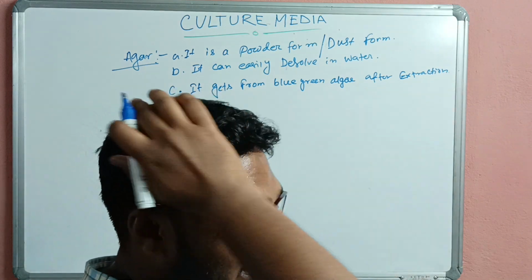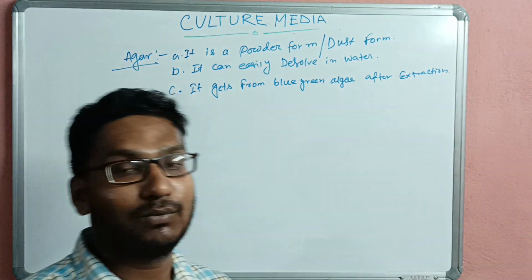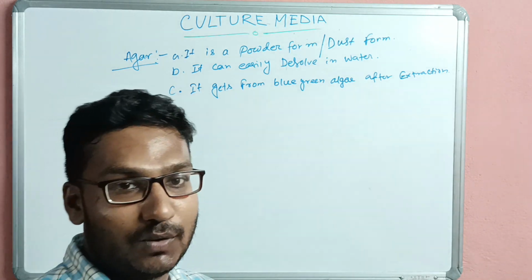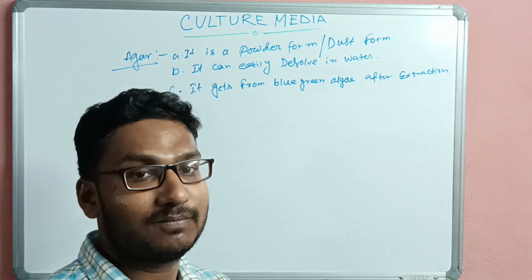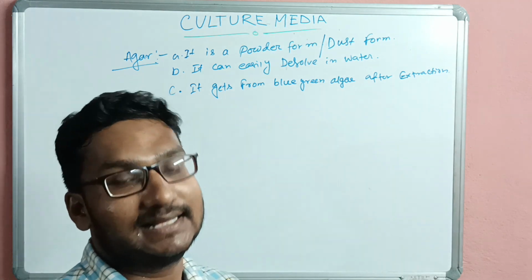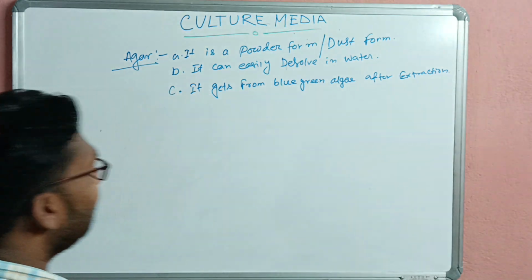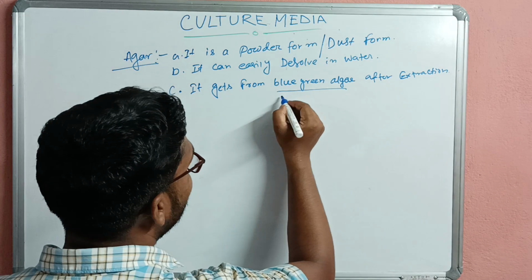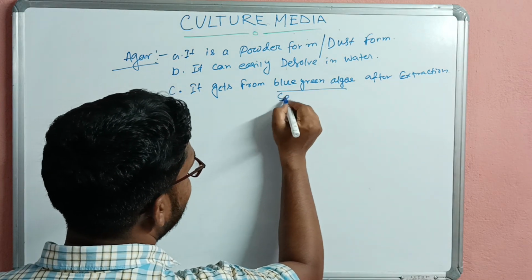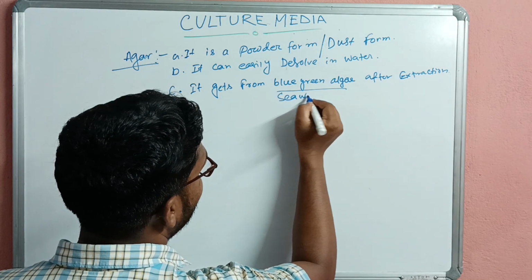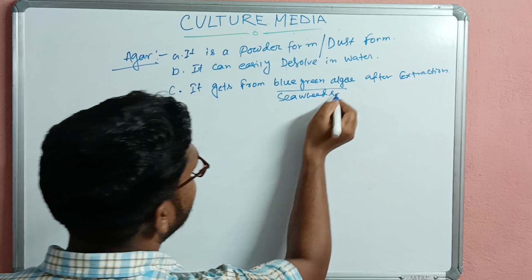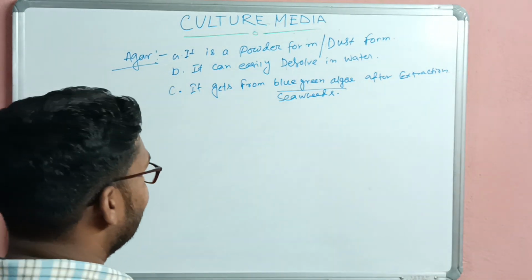So it is generally obtained after extraction of blue-green algae. The blue-green algae are collected from under the sea. It is also called seaweed.